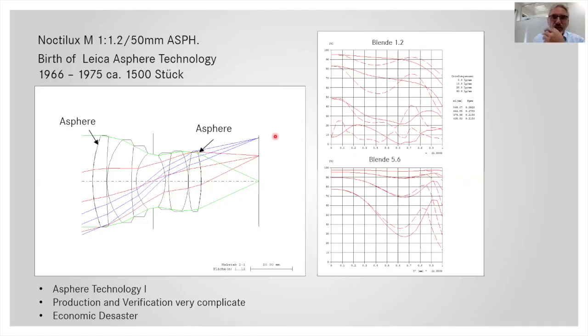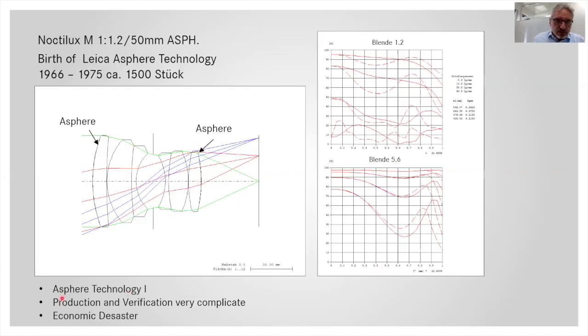There always was a fight at Leica and with other competitors over who has the fastest lens and so on. And at Leitz, we started in 1966 or before that to try to implement aspheric technology. And this was the first one, the Noctilux-M 1.2, 50 millimeter, with two aspheres on the first surface and the rear surface.